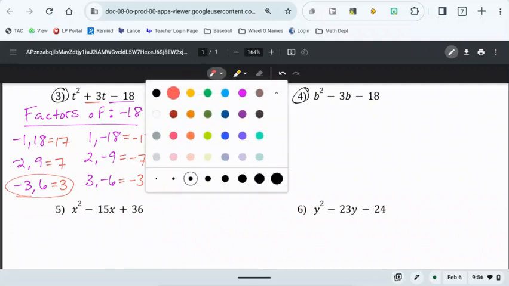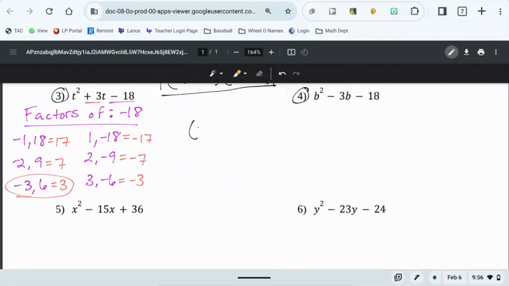When we go through our template here, oops, we're not using x, we're using t this time. There's our little template, our outline. Now we insert the factors of c, which in this case is our negative 3 and a positive 6. So this is our final answer, but let's just double check by double distributing.